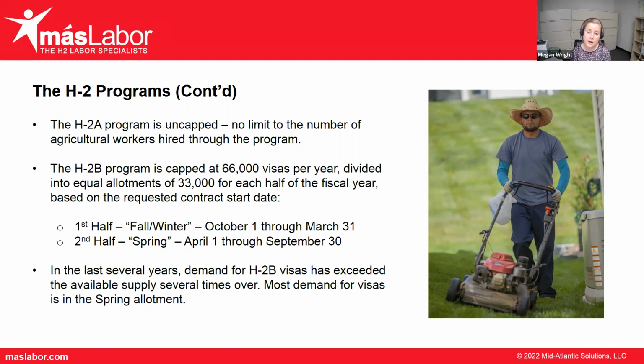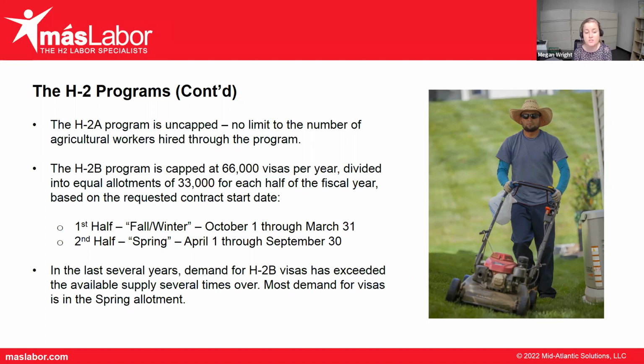The H-2B program, on the other hand, is capped at 66,000 visas per year, divided into equal allotments for the two halves of the government fiscal year. That means the first half, when the government fiscal year starts on October 1st, which is the fall or winter allotment, and then the second half, or the spring filing, which is for April 1st start dates.